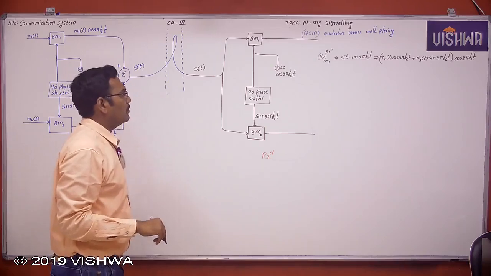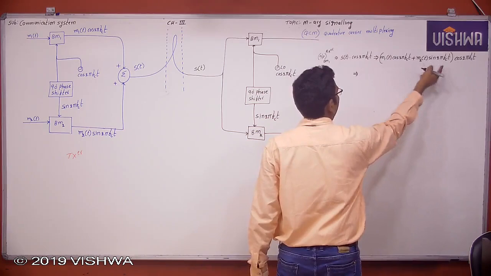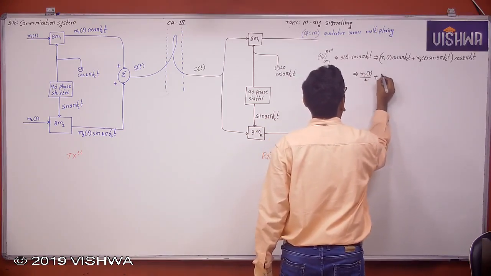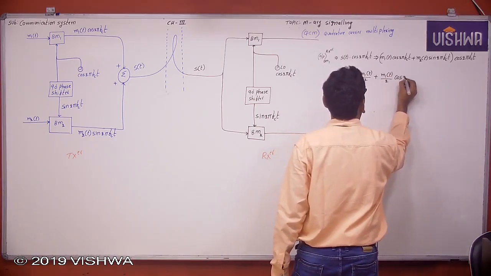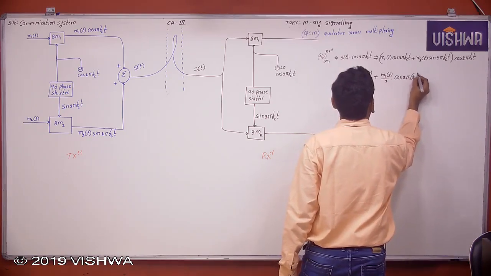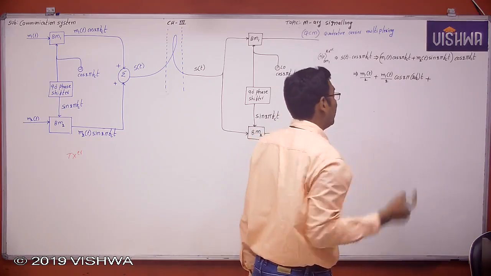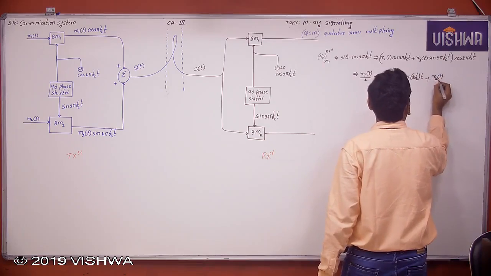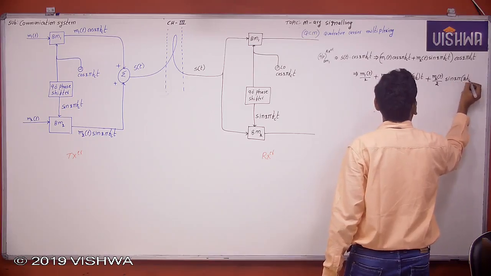Is that right or not? So now if you see here, if you multiply, what happened? Cos into cos is cos squared theta, therefore m1 of t by 2, plus m1 of t by 2 into cos 2 pi into 2fc into t, plus m2 of t by 2, 2 sin theta cos theta is sin 2 theta, sin 2 pi into 2fc into t.